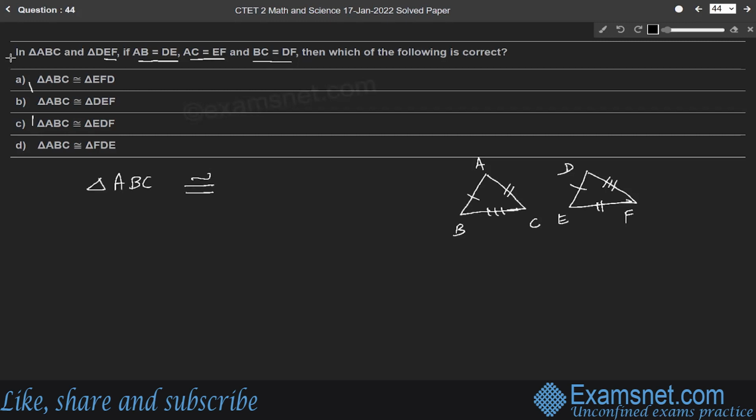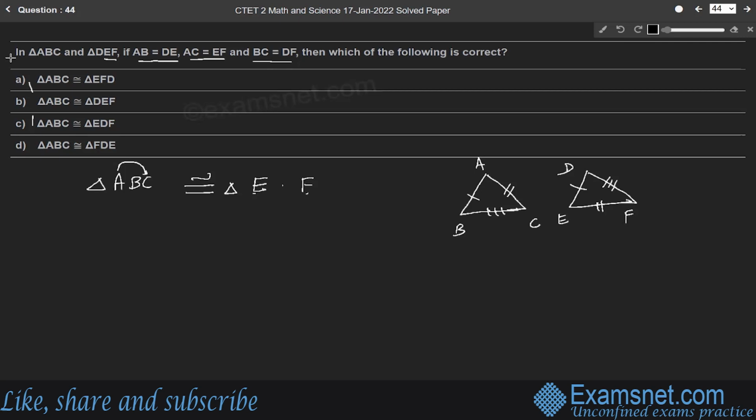So triangle ABC is congruent to. Since AC, the first and the last letter, is equal to EF, the first letter has to be E and the last has to be F. Check with the other possibility, that is the other sides.